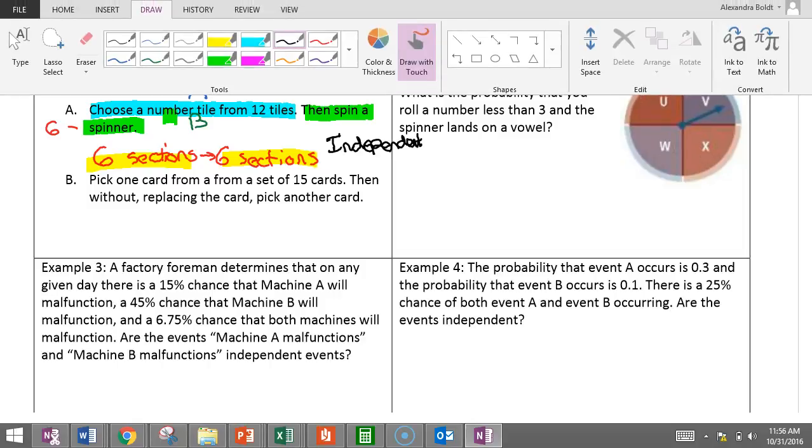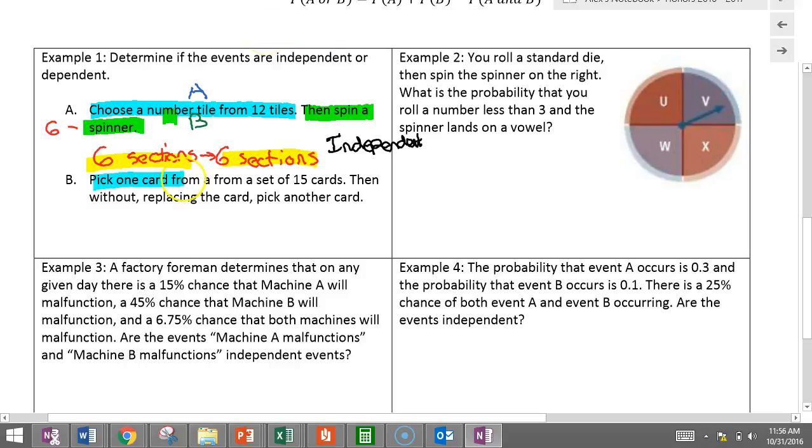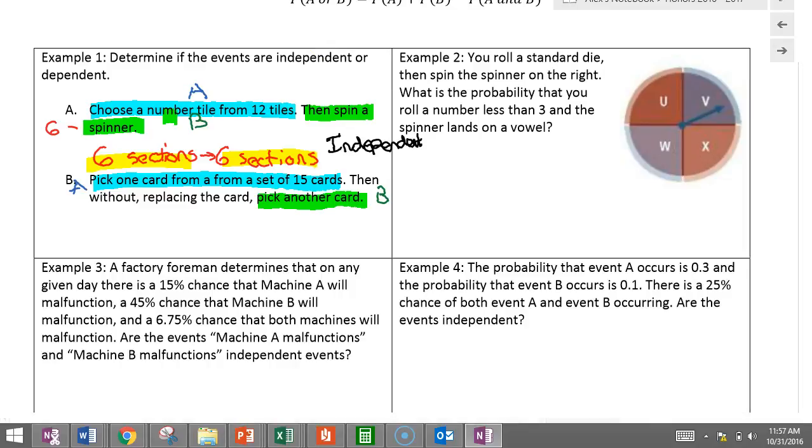Okay, so looking at our next example, event A is pick one card from a set of 15 cards. My event B, my second event, is pick another card. So when I first do this, before I do anything, my second event, picking a card, would have 15 cards. Once I do event A, I pull the card out.